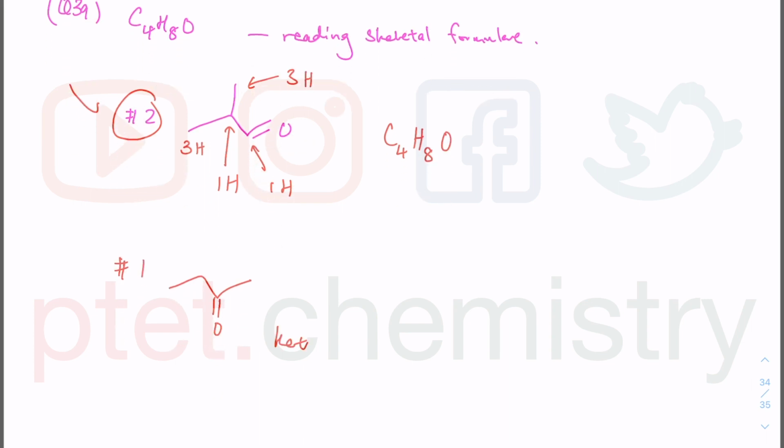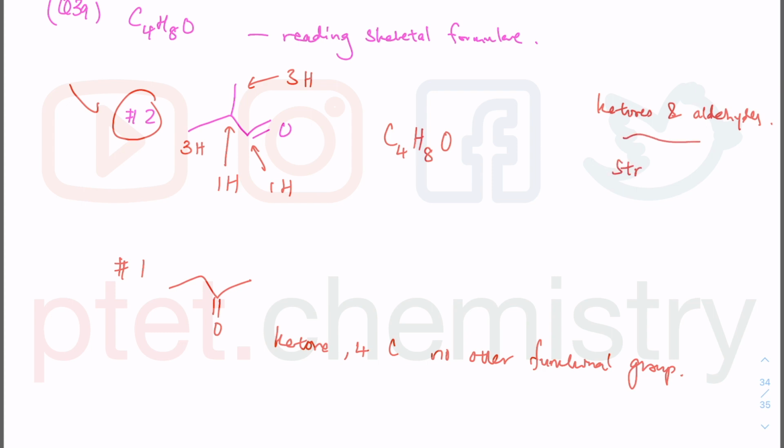The easiest way is this is a 4 carbon ketone, no other functional group, and you know that ketone and aldehyde are in the same subtopic in your A-level syllabus because ketones and aldehydes are what you call functional group isomers. Okay, so ketones and aldehydes have the same number of carbons without any other functional groups. They are structural isomers, specifically functional group isomers, which come under structural isomers.